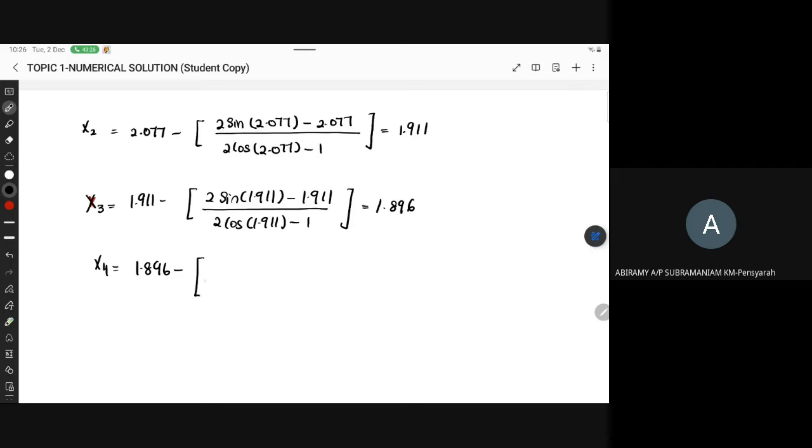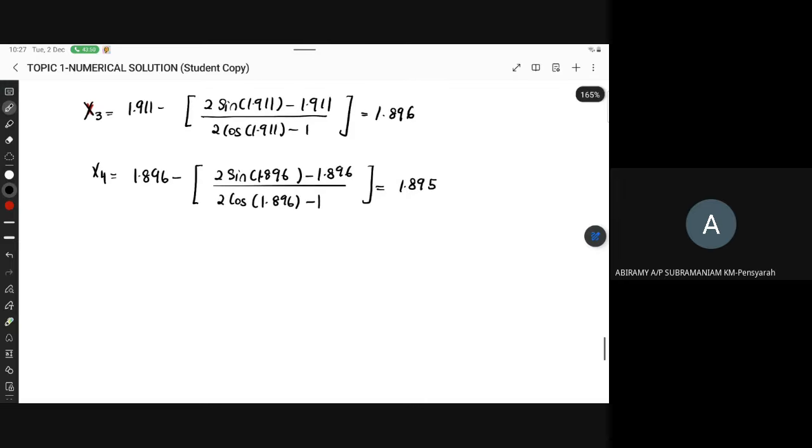So x4 is 1.896 minus 2 sine 1.896 minus 1.896, divided by 2 cos 1.896 minus 1. So we will be getting 1.895. So this is almost similar, but still it's not the same. So we will continue until we get the same value.